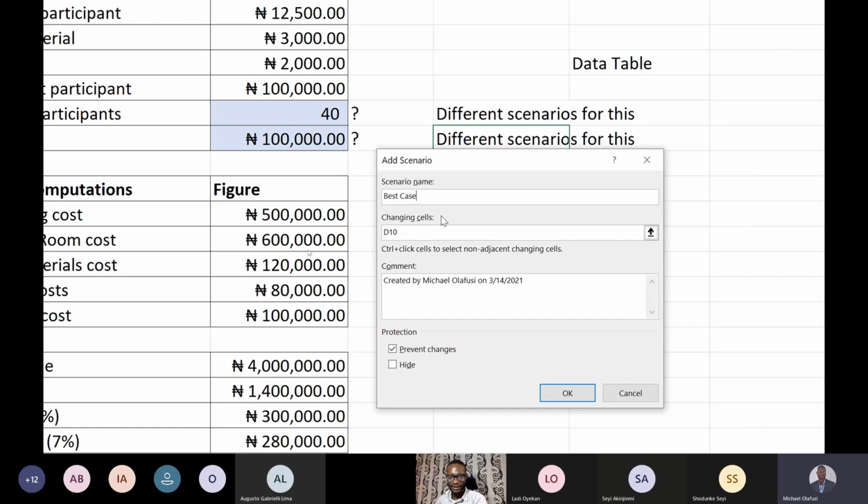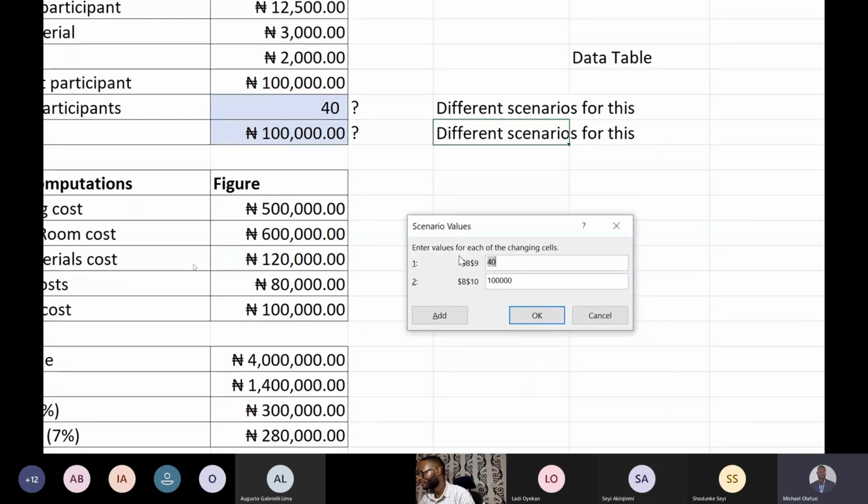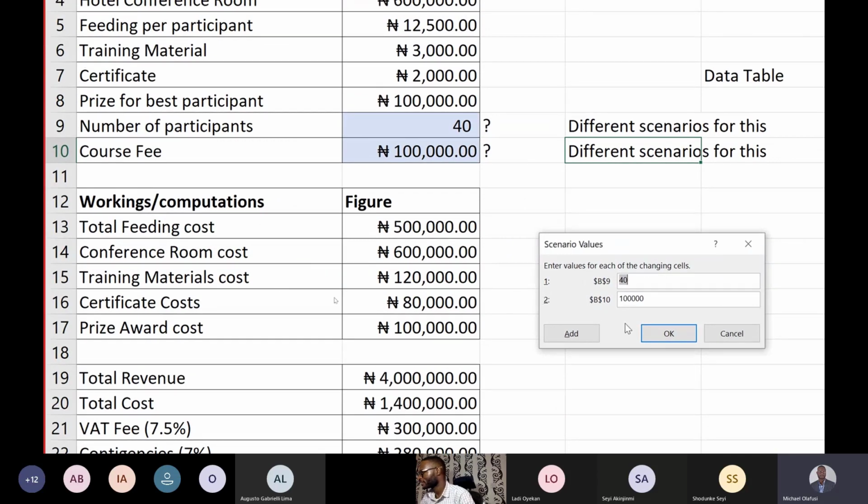What is MD saying? MD is saying you guys go and get me 40 people, 100K. That's how much you charge them. MD scenario, 40 people, 100K per participant.